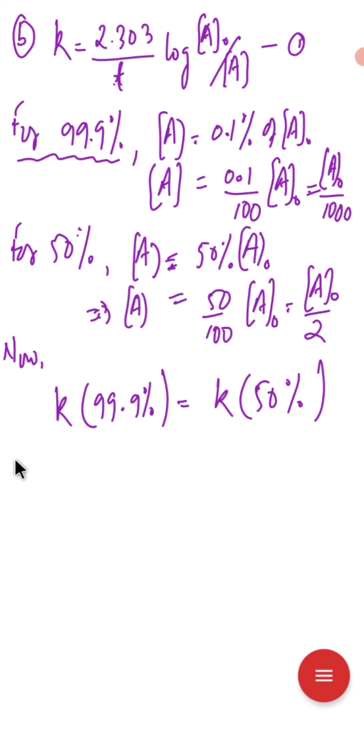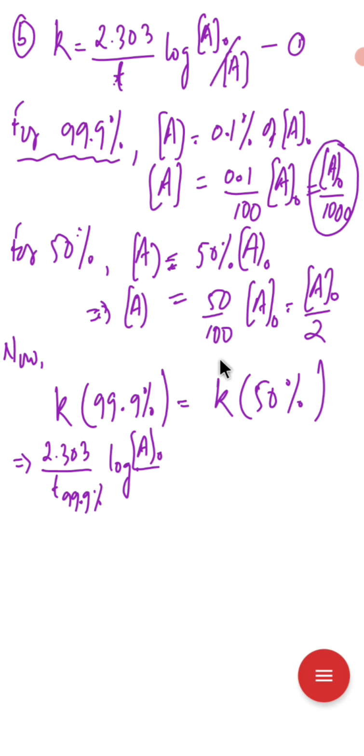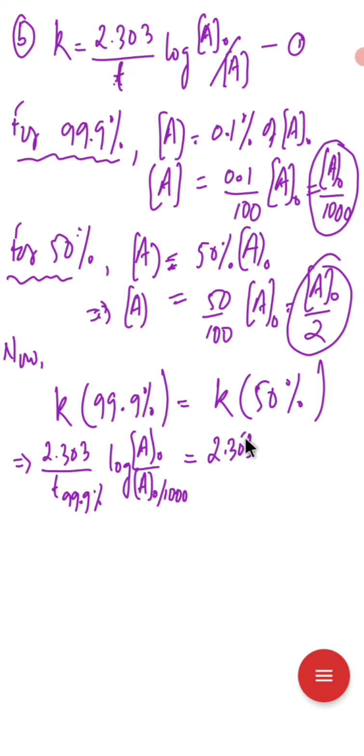So K for 99.9% completion of the reaction is 2.303 divided by t 99.9%, log of A naught by A naught by 1000, which is equal to, for 50% completion of the reaction, 2.303 divided by t 50%, log of A naught by A naught by 2, like this, right?